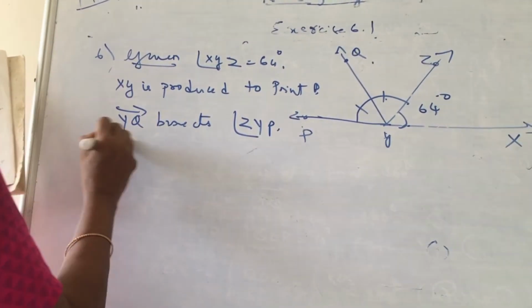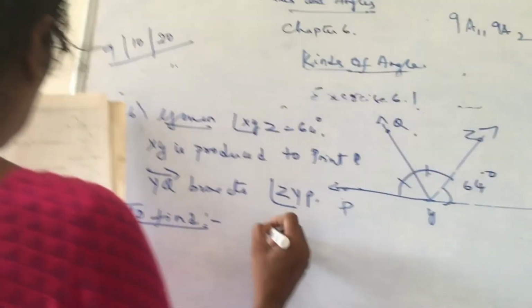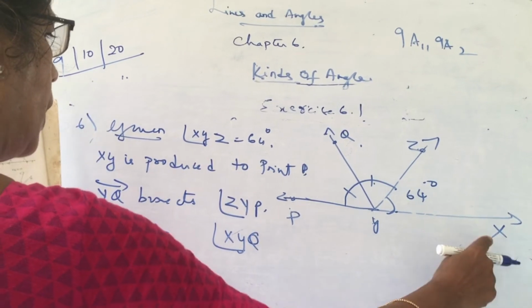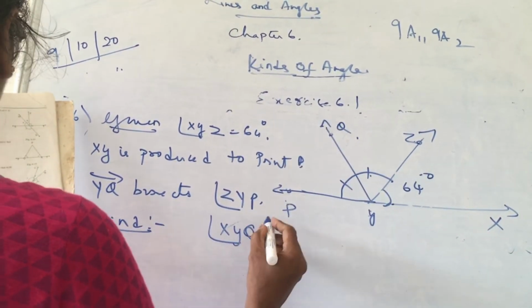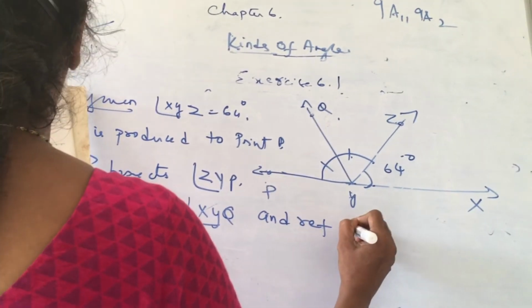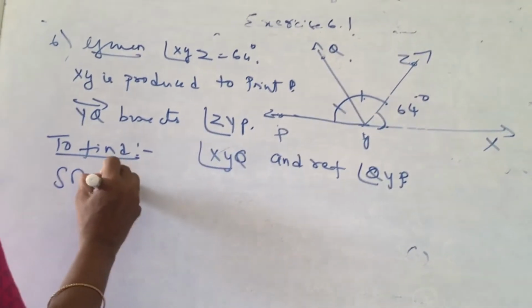To find, it is not proved, children, to find numerical numbers. So it is to find angle XYQ, and reflex angle QYP. A simple question, girls.